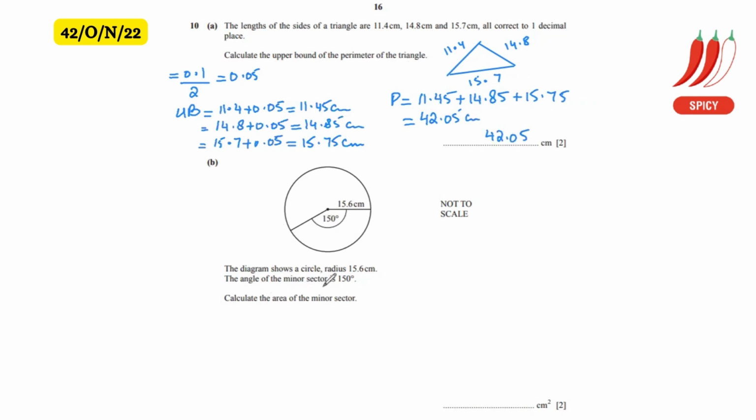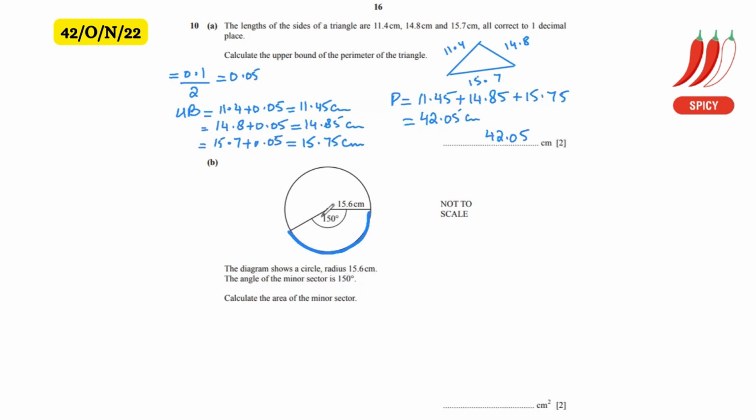Then it says the diagram shows a circle with radius 15.6 centimeters. The angle of the minor sector is 150 degrees. Calculate the area of the minor sector. So minor sector is basically this. Minor means the smaller angle.